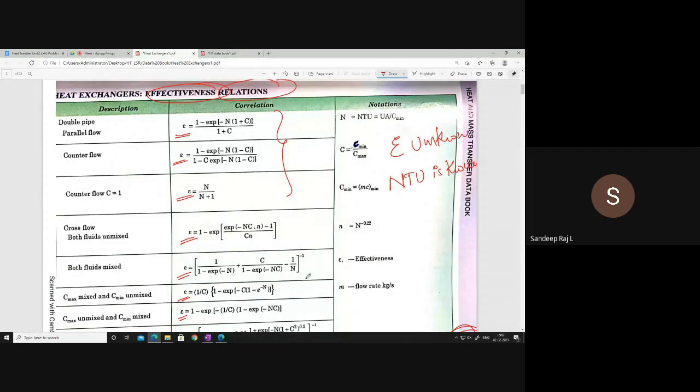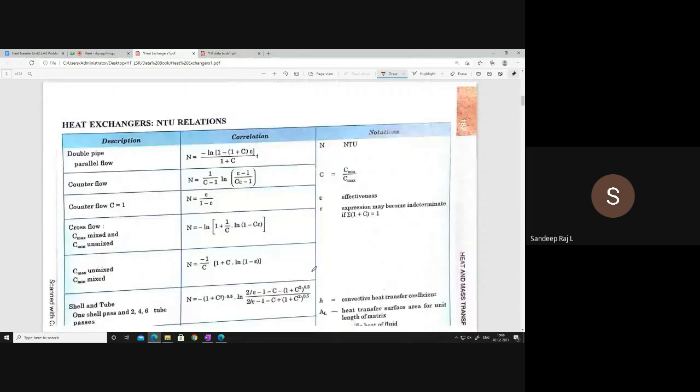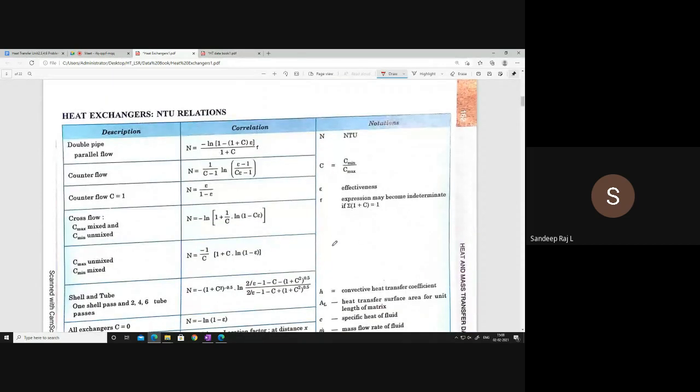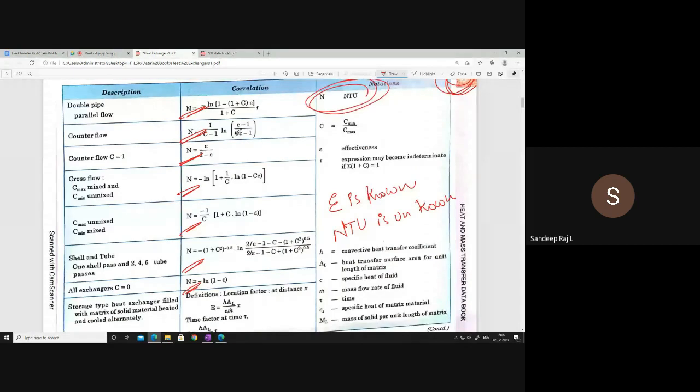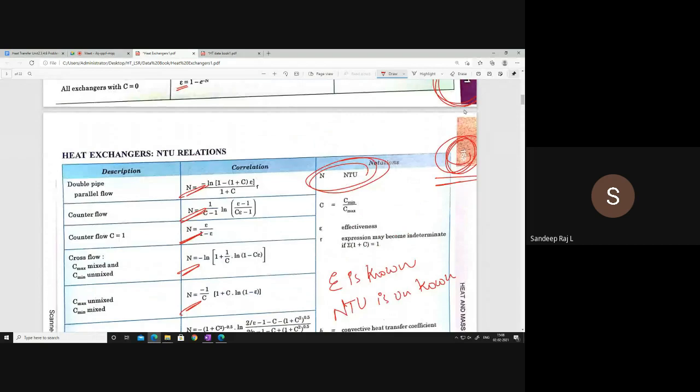In some questions, you will have it the other way around: you will know the effectiveness and NTU is unknown. If that is the case, you have to move to page number 162. Look at these formulas, all are for NTU only. Here N means NTU. So you will use page number 162 or 161 depending on the problem given to us.